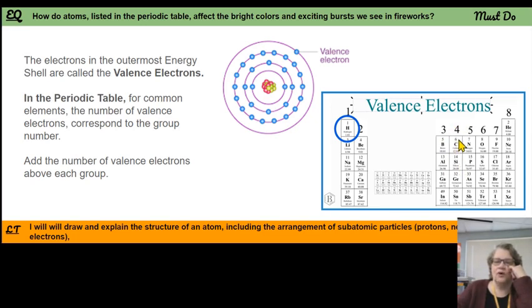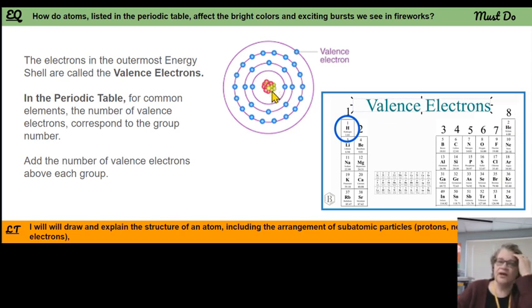Silicon would have 4 valence electrons. Phosphorus would have 5 valence electrons. Sulfur would have 6 valence electrons. So that means that there are 6 electrons in the outer shell. Okay. And then chlorine 7, argon would have 8.